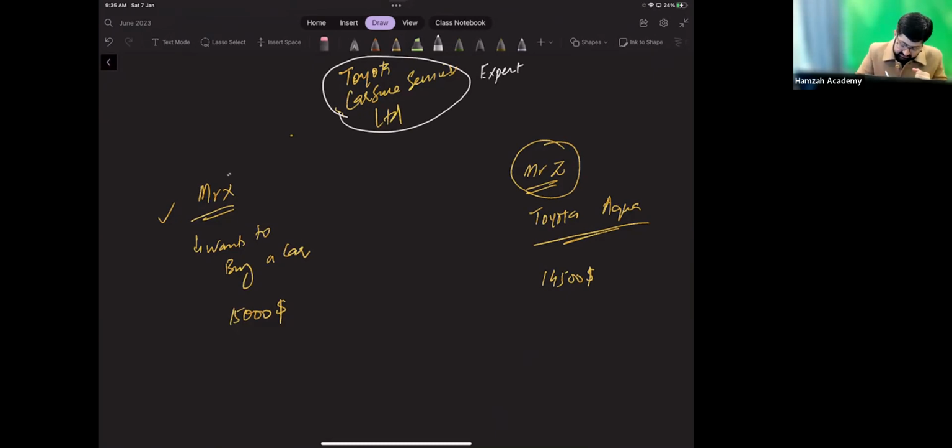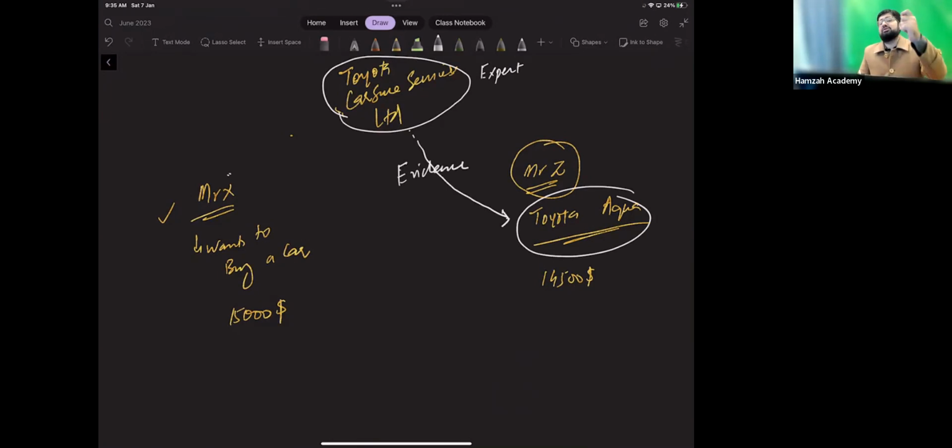So Mr. X goes to Toyota Car Show. He says, can you check this car? Perform work on it. Obtain evidence whether this car is in good condition or not, as narrated. Good condition, mechanically, non-accidented.